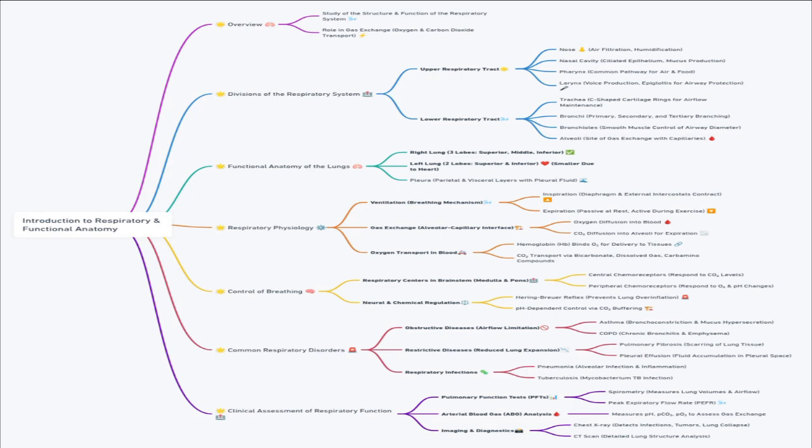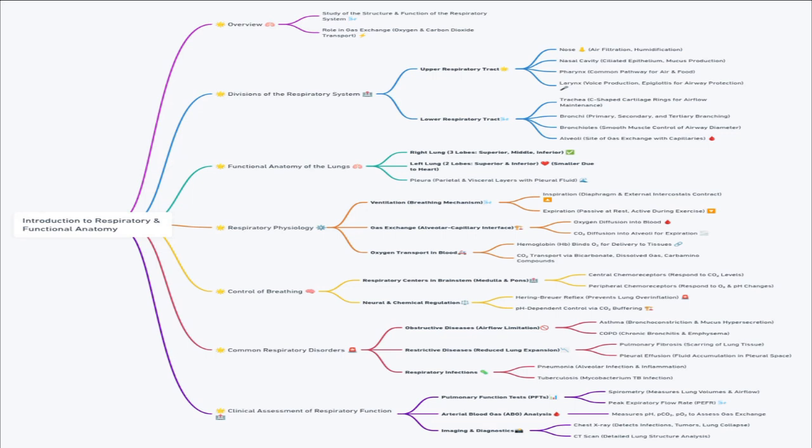So the PPO FEV1 will be equal to pre-op FEV1 times a whole equation, which is 1 minus the bronchopulmonary segments removed over the total.